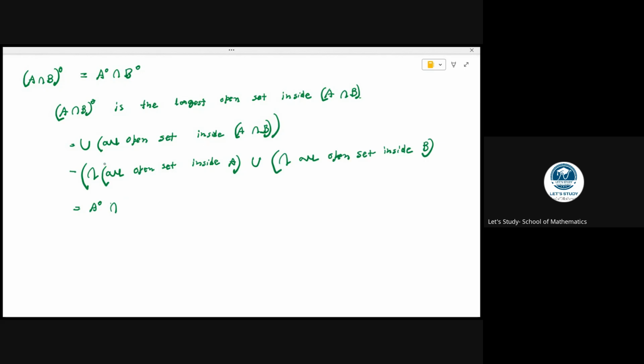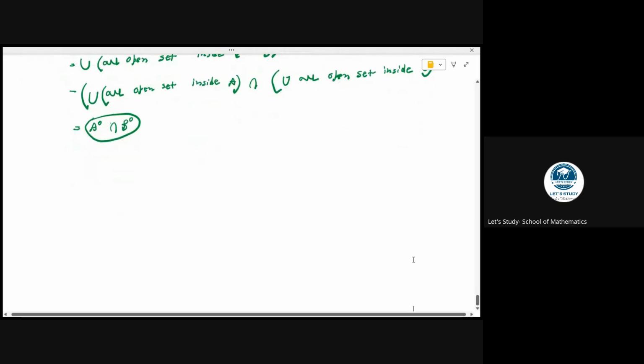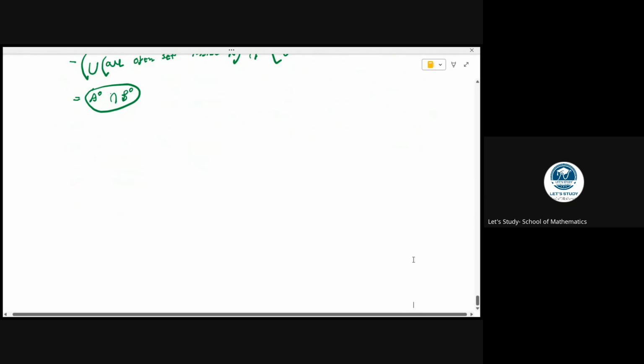Oh, sorry. It should be union, and this should again be union, and this should again be intersection. Now, what are we left to prove? We are left to prove that A interior union B interior is inside (A union B) interior.